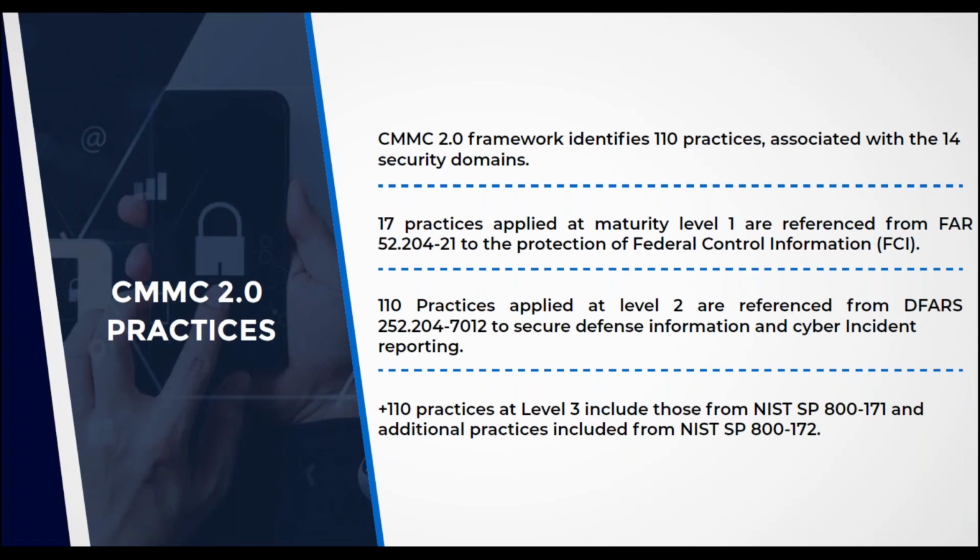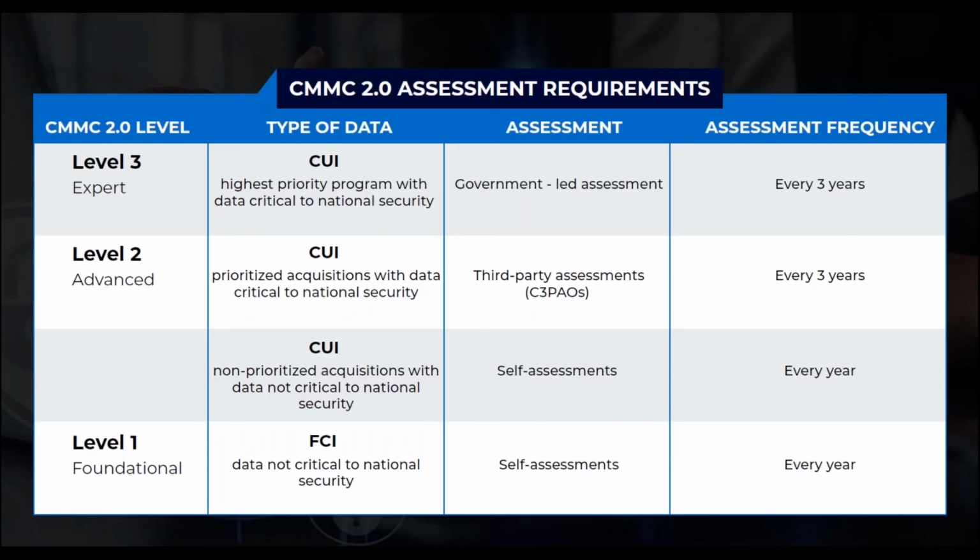In level 3, there are 110 plus additional practices from the SP 800 series, 172. Over here, you can look at the type of data, highest priority, lowest priority. This is a good summation of how it looks.